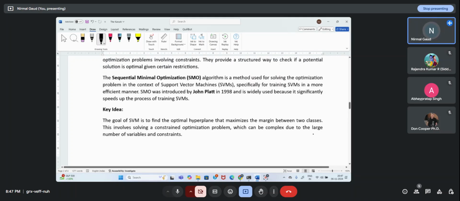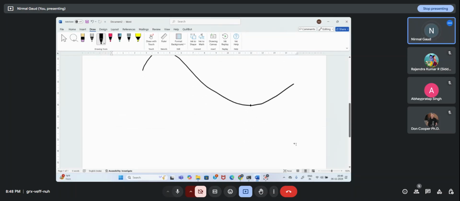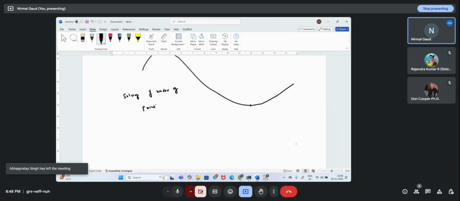Meanwhile, I just want to remind you again, solving f under g, obviously there will be points. Because now remember one thing which is very, very important. In my initial lectures, I explained hard margin and soft margin.